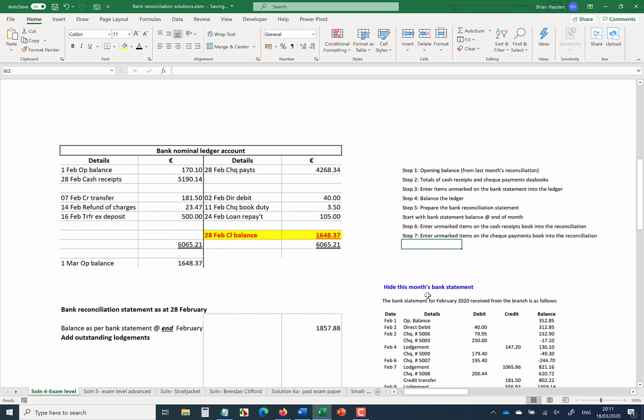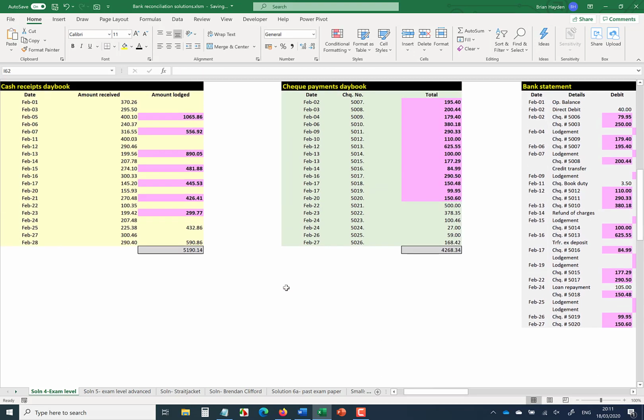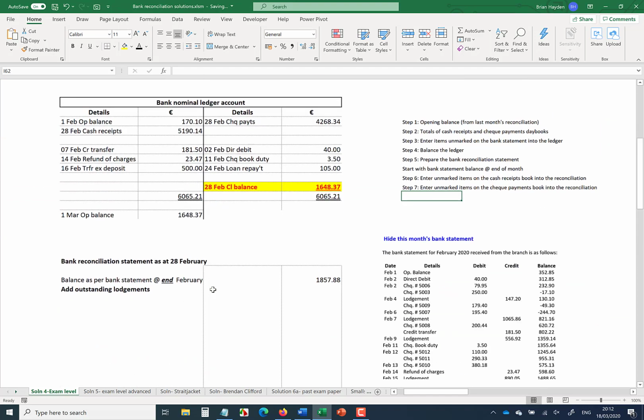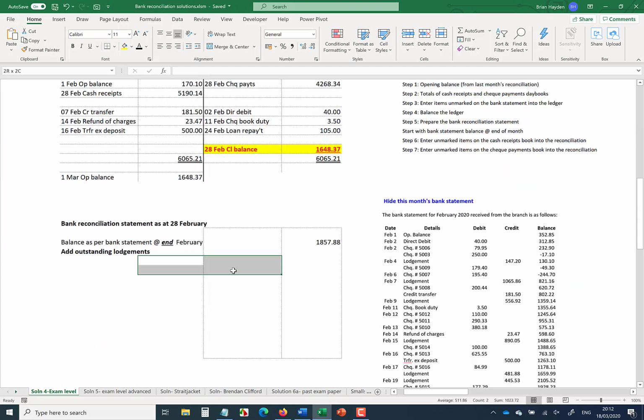So we had identified these two unmarked items in the cash receipts book, and we have this number of unmarked items in the check payments book. So 432 and 590. Okay, so we'll just enter those. And that's a total there. That's extra money, so it's improving the bank statement.